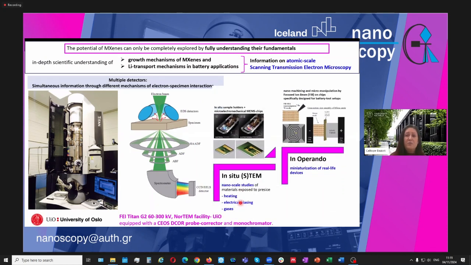Furthermore, the lab is equipped with in situ holders and micro electromechanical chips, where we can expose our materials to precise heating, electrical biasing, and different gas environments. And of course, with the nanomachining capabilities of focused ion beam, we can miniaturize real-life devices and perform operando studies at the nanoscale.